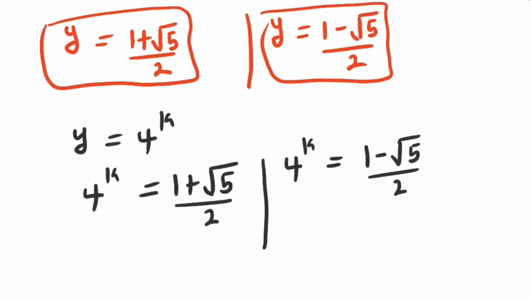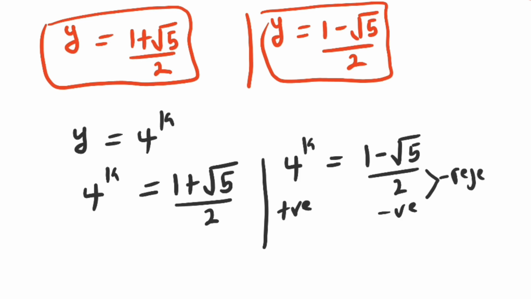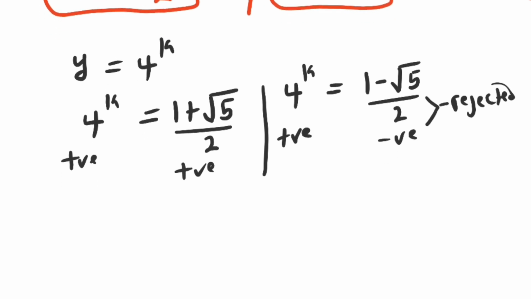Now at this point, you can see here this is positive and this is negative, so this is rejected. But here this is positive, so this is accepted. Therefore, we have 4 raised to power k is equal to 1 plus root 5 over 2.